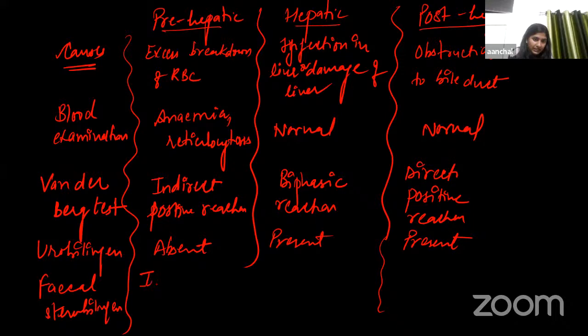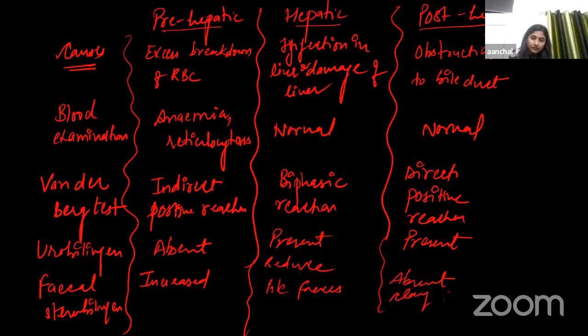It will be increased in case of prehepatic because there is higher than normal quantity of bilirubin delivered to the intestine, producing dark brown colored stools, right? And in case of hepatic, it will get reduced because conjugated bilirubin excreted in bile is reduced, causing pale feces. So there will be appearance of pale feces here, and in post-hepatic, it will be absent, producing clay-colored feces.